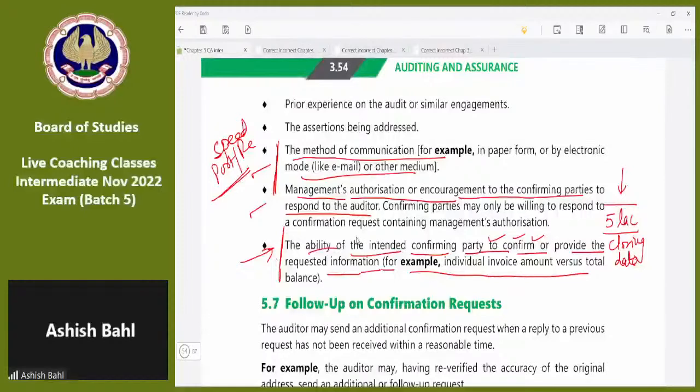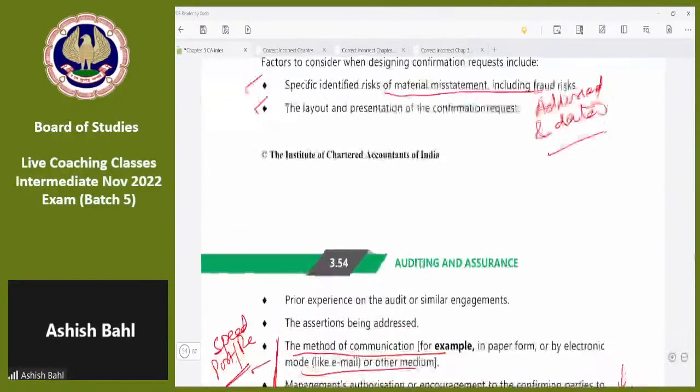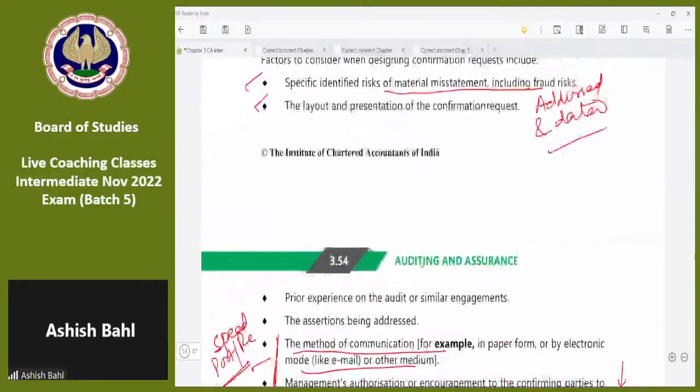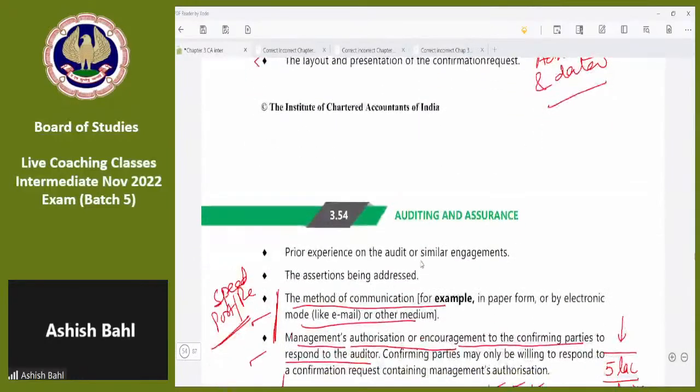So the confirming party might give some excuses or may not respond because it might be cumbersome. So these are the factors which are relevant, which are useful while designing confirmation requests.